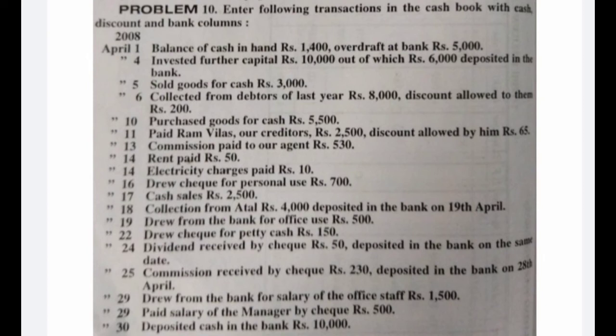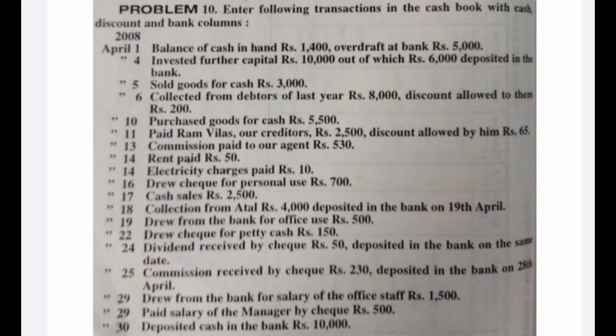Next, commission received by cheque rupees 230 and deposited into the bank on 28th April. Okay, here it is different. So we are receiving commission on 25th April, but we are depositing that cheque into the bank on 28th April.